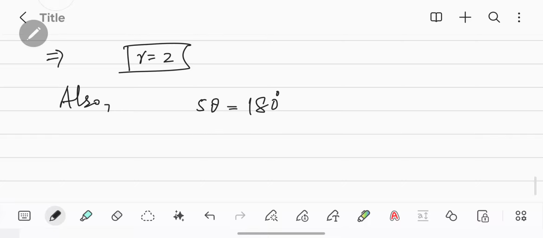So if you divide on both sides by 5, before that you can write 5 theta equals 180 plus k times 360 degrees. Why have I added this?